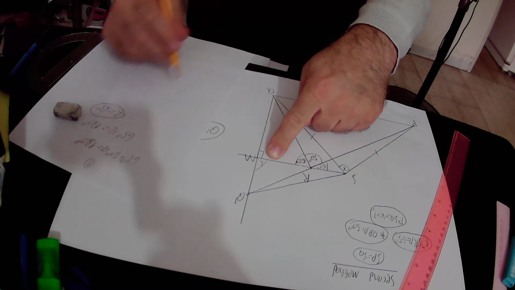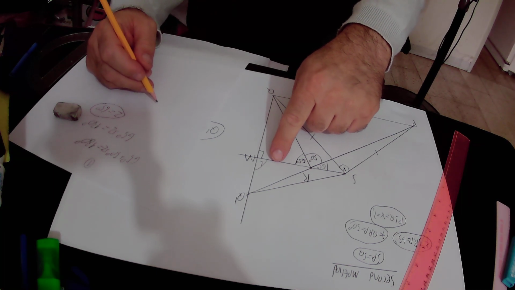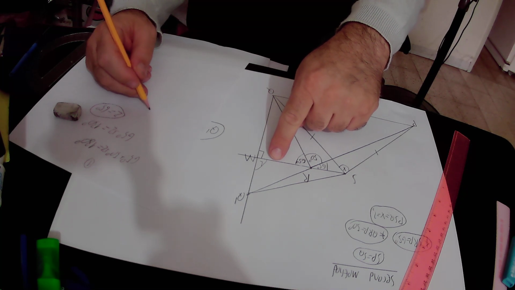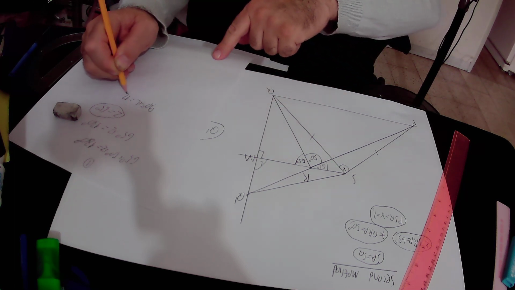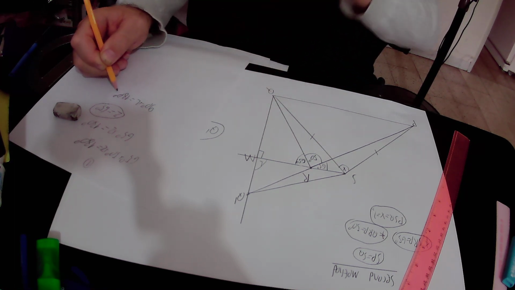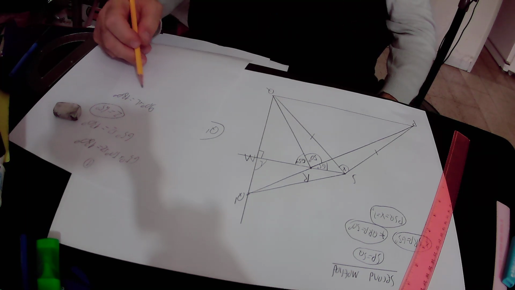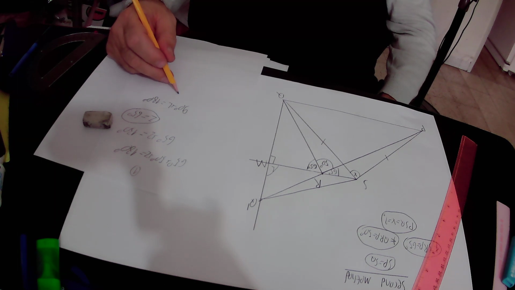That is to say, at point M on this side of the straight line QQ dash, we have 90 degrees plus angle L must be equal to 180 degrees according to the rule that the sum of the angles on a straight line equals 180 degrees. Here we will subtract 90 degrees from this equality and we will get that L equals 180 degrees minus 90 degrees, which is 90 degrees.